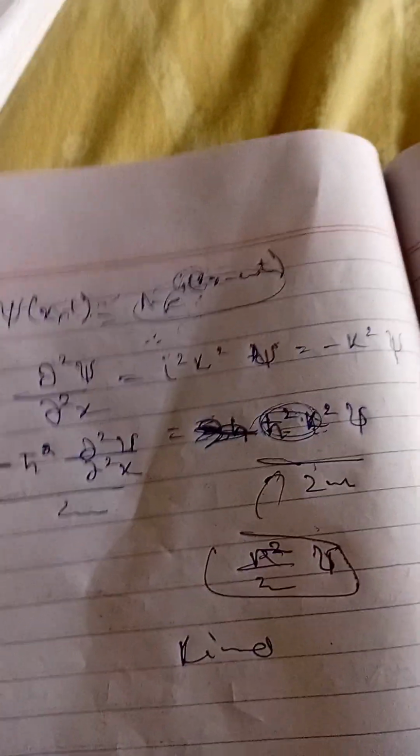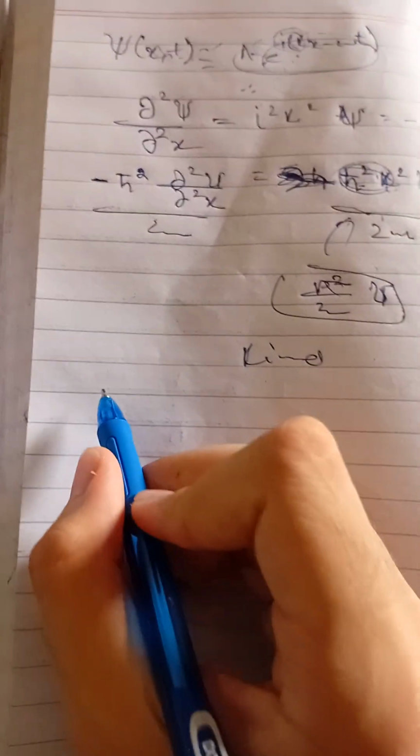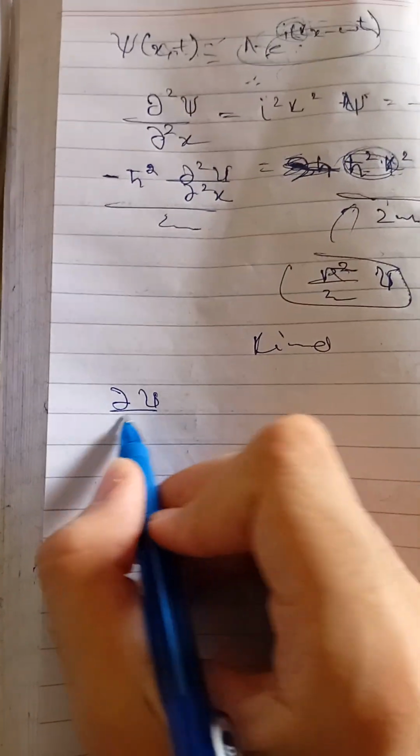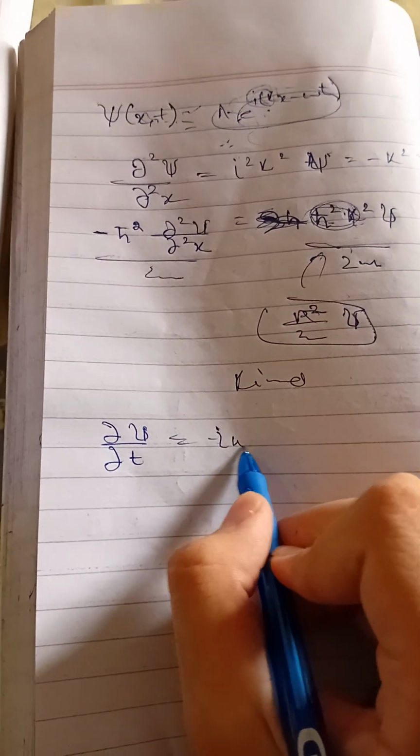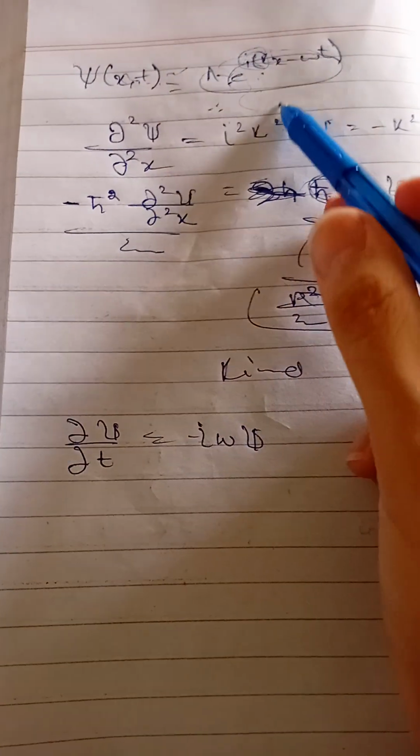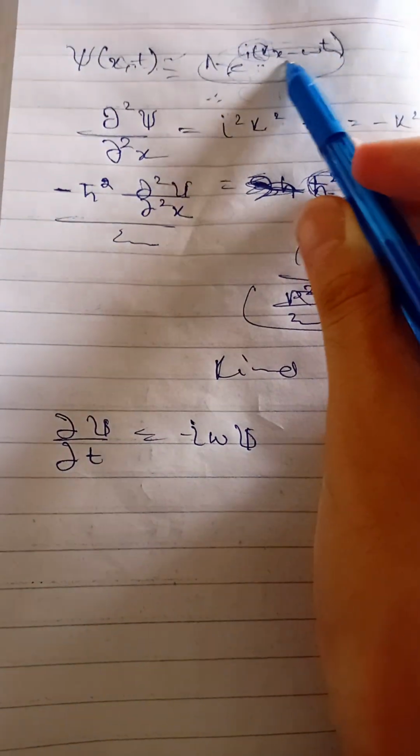So the kinetic energy operator comes from double partially differentiating in terms of x, the space variable. But if we do it in terms of time, you might notice there's a minus i w times the wave function.